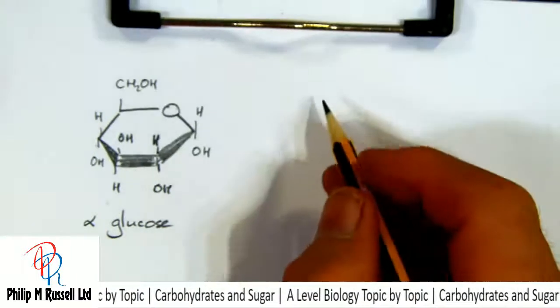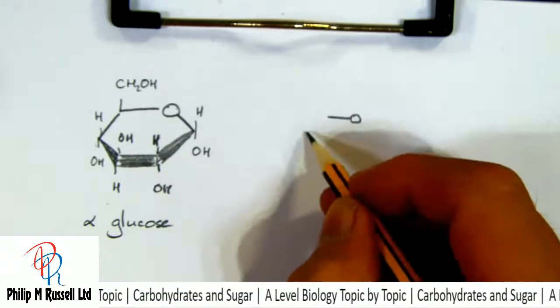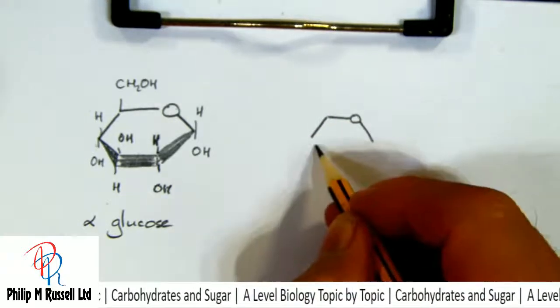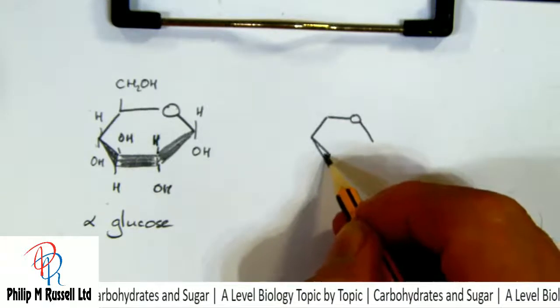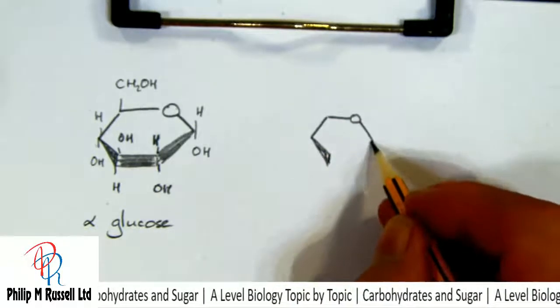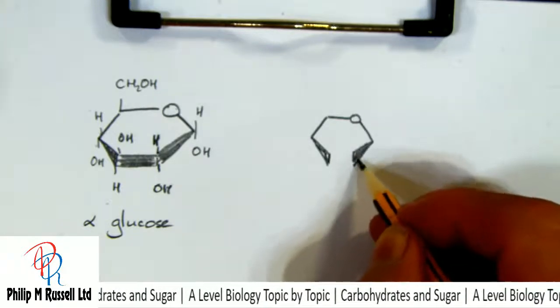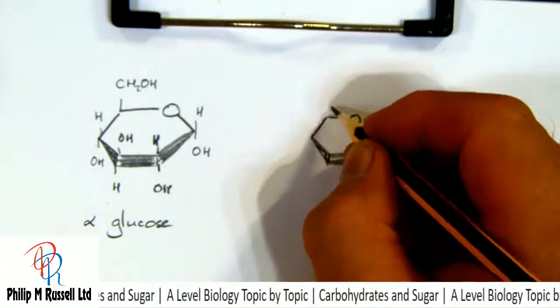There's another molecule which is very, very similar. I'll see if I can perhaps draw this one slightly better. And the answer is no. It's exactly the same as before.